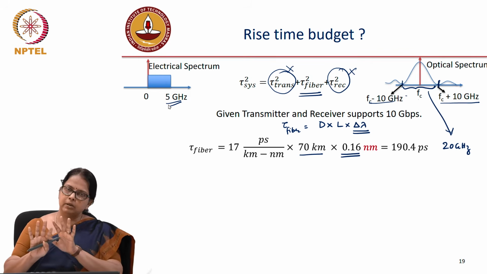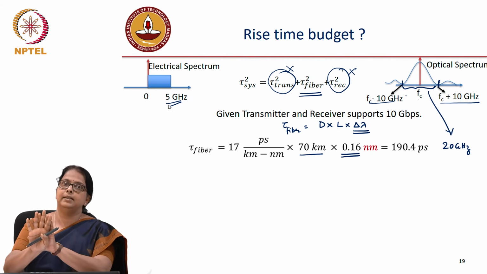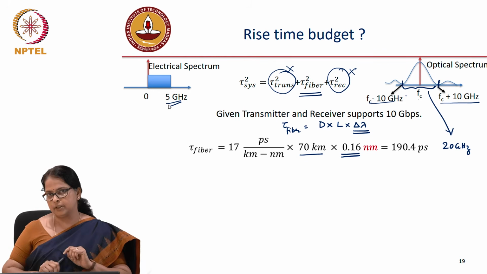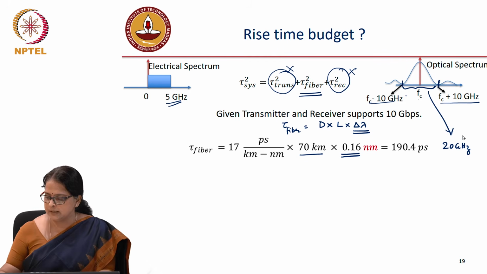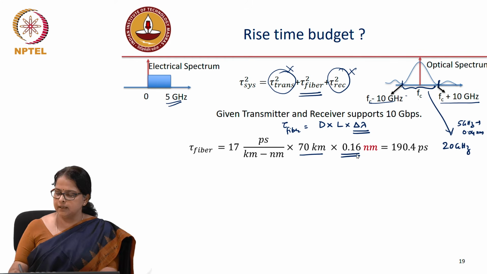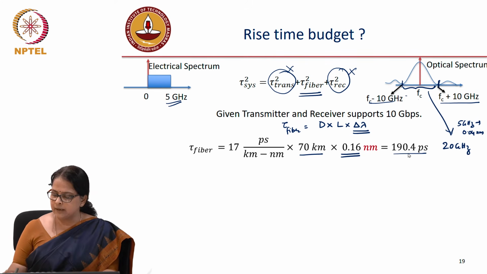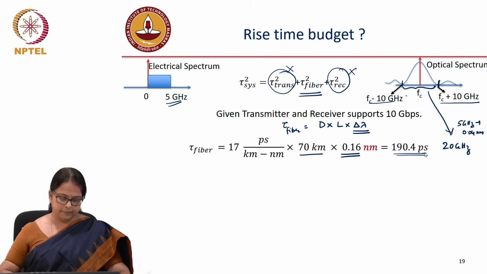Here we are talking about the allowed wavelengths in the fiber, and these wavelengths are the ones experiencing dispersion, right? So this is 20 gigahertz, and we calculated that 5 gigahertz was 0.04 nanometer. So 20 gigahertz is 0.16 nanometer, okay? And this product is 190.4 picoseconds.